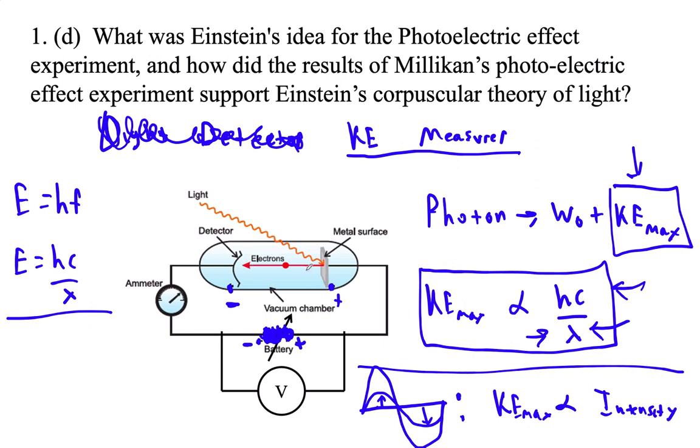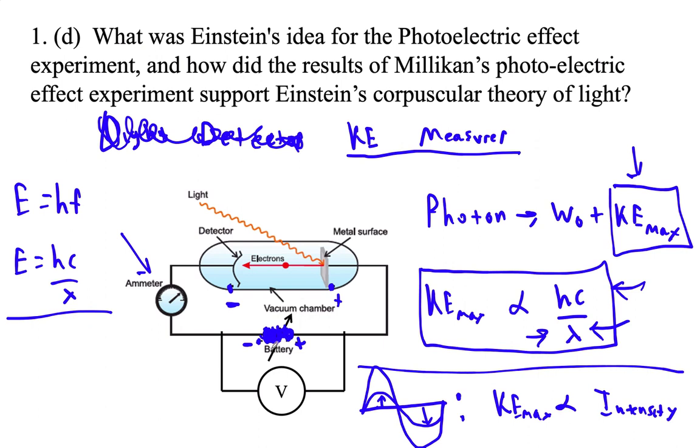And what you do for a particular wavelength of light is you adjust this voltage from 0 to whatever voltage stops the electrons. Now, how do you know that they're stopped? Well, you read the ammeter. When the ammeter reads 0, then you've stopped all of the electrons.